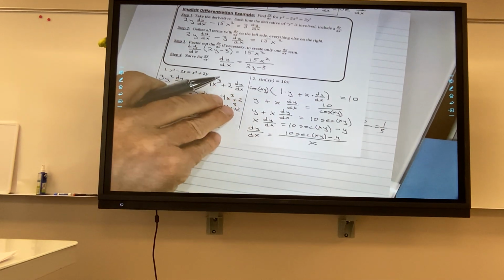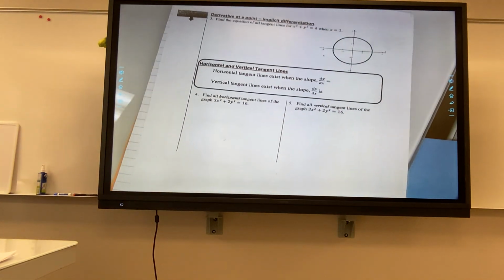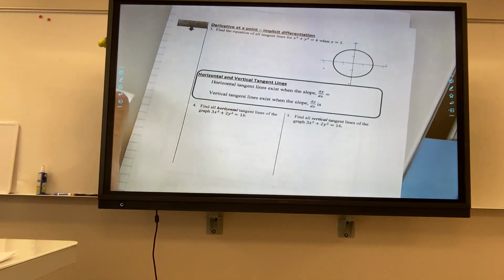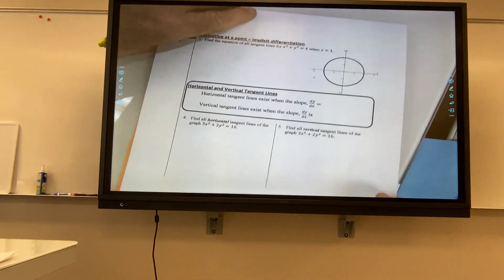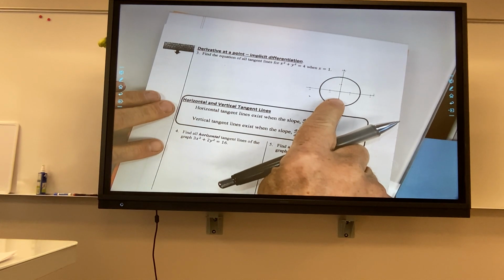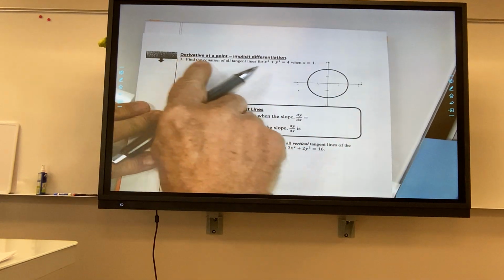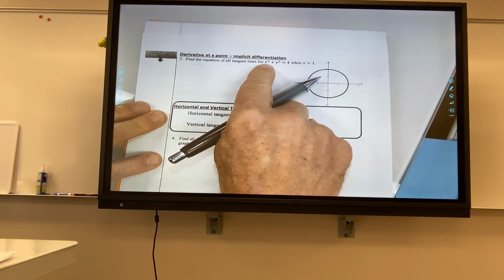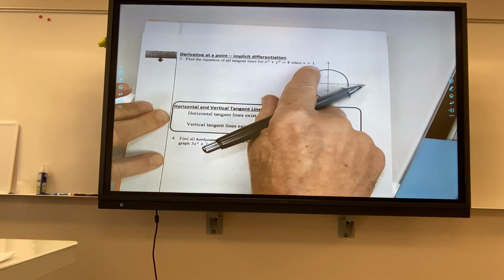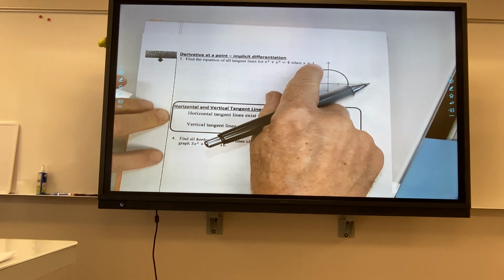Alrighty. Once I get the homework, do you have a backside that looks like this? And there's a circle here, correct? Notice it says find the equation of all the tangent lines at x squared plus y squared equals 4 when x equals 1.